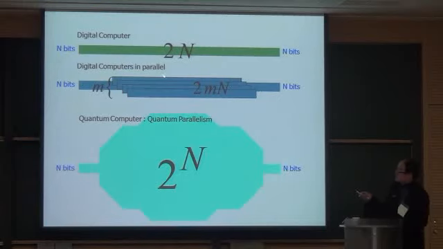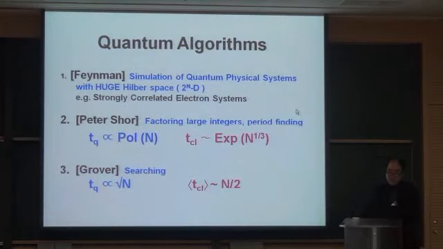If you have a parallel computer, here the throughput will be just m times n. And here, quantum computer and quantum parallelism, it starts with n bits, it ends with n bits, but in the middle, the throughput might be 2 to the n, an exponentially large computational space.